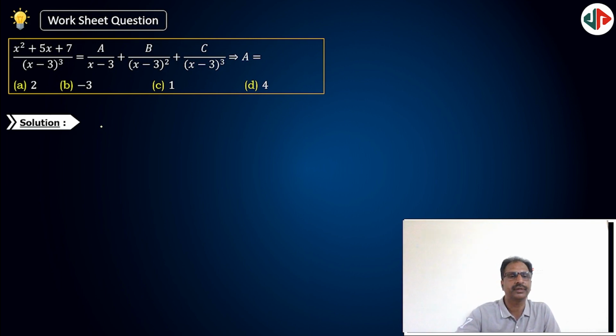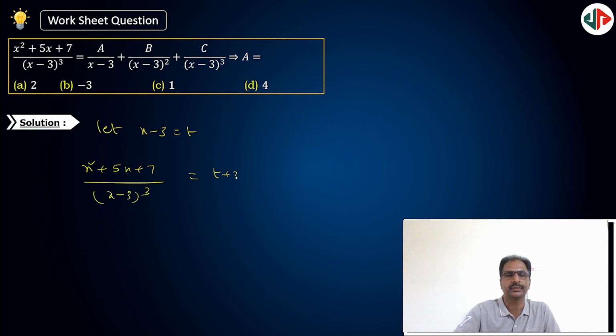As I already told you, whenever denominator has only repeated linear factors, take x minus 3 is equal to some t. Therefore, (x square plus 5x plus 7) by (x minus 3) whole cube is equal to, x is t plus 3.